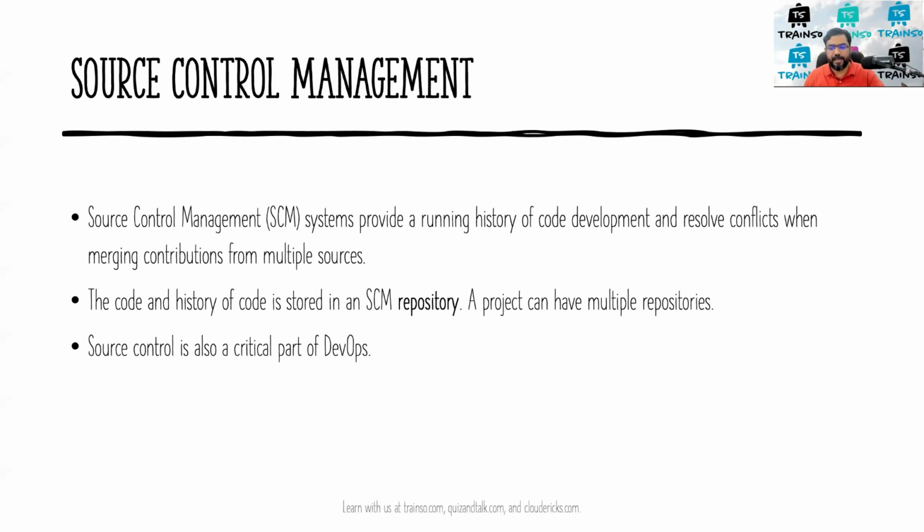Imagine that I have a set of code that has A, B, C, D, E. Myself and another developer take a copy of this code into our own systems. And I change D with F, and another developer changes D with H. When it gets merged, usually there will be a conflict.